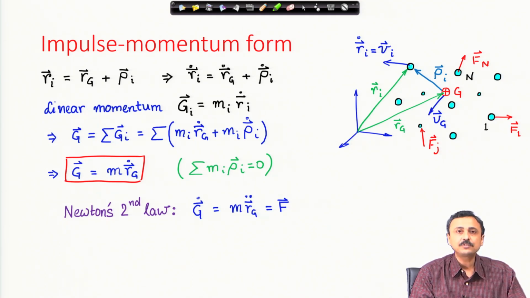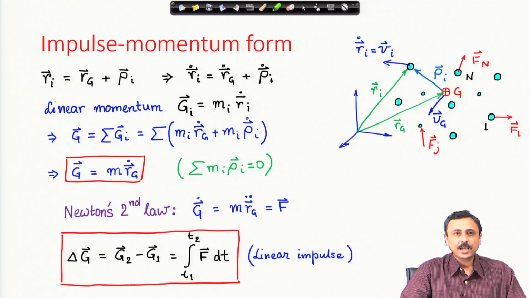Thus, the rate of change of linear momentum of the whole system is equal to the net force acting on the system. So, this generalizes Newton's second law for a particle, but the only thing you have to remember is that this involves the acceleration of the center of mass.